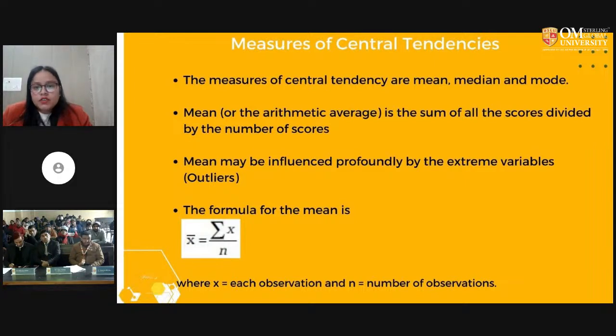Our mean is influenced by extreme values, which are known as outliers. If there are many outliers in your study, many extreme values, that is surely going to negatively influence your results. Next.